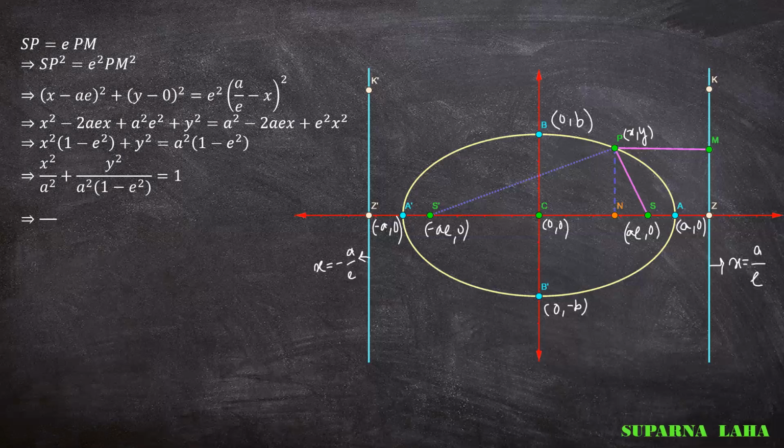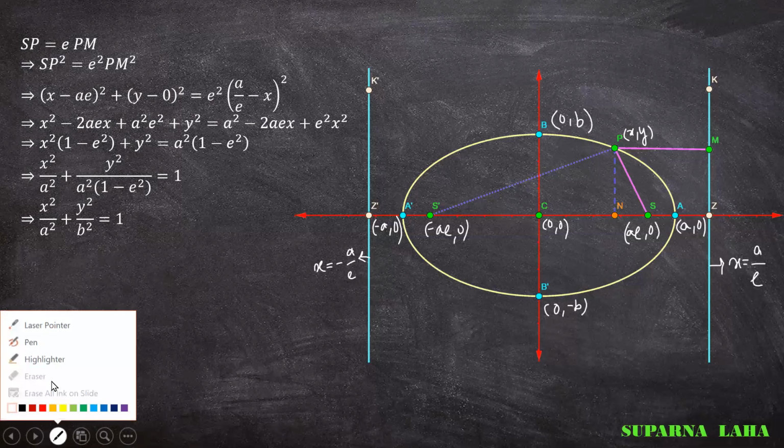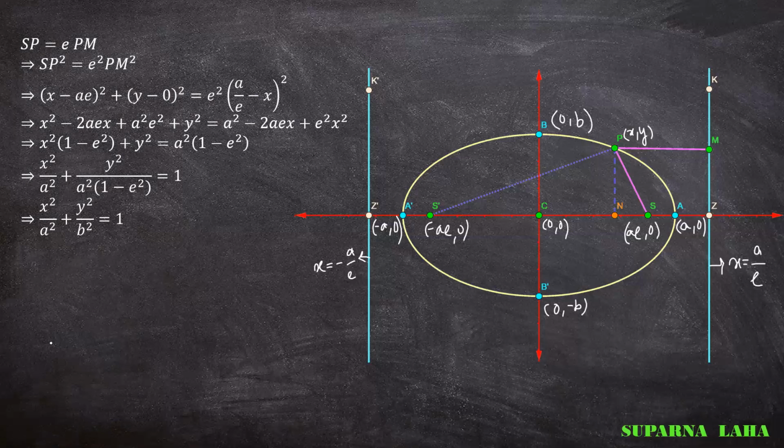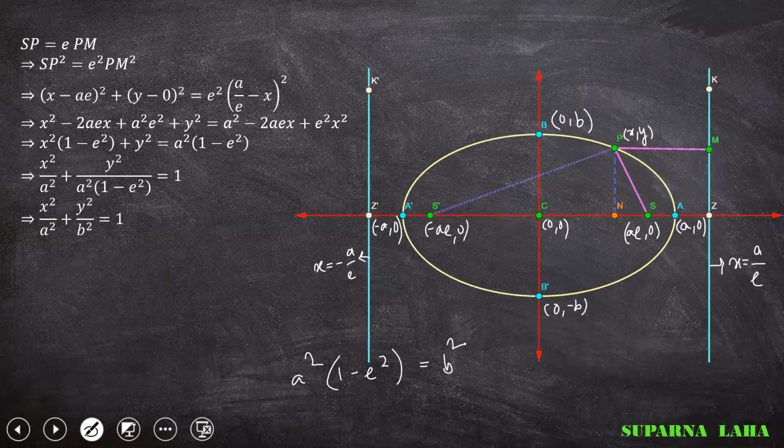Now taking this distance as b, this a square into (1 minus e square) is b square. So from here you can easily find the value of e, that is the constant ratio, the eccentricity. This is given, here I am taking, this is b square.